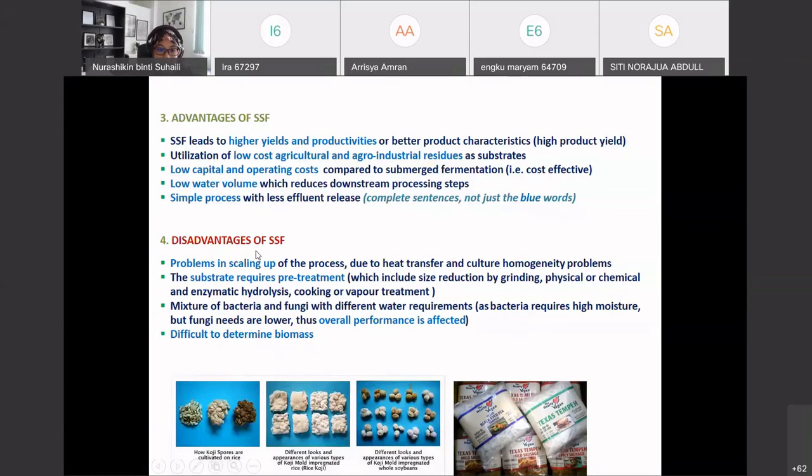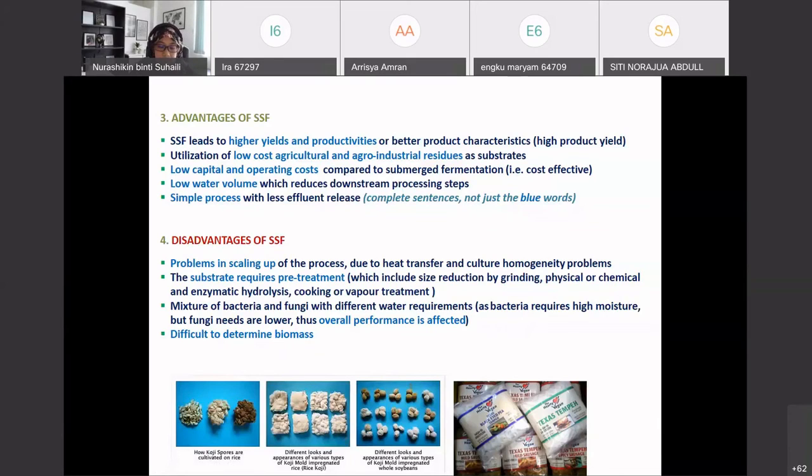The disadvantages of SSF, of course, lie within the process. The solid state process is quite hard, quite difficult. Even though it's possible, it's not as easy as liquid fermentation when it comes to scaling up. Scaling up means that you want to increase the scale of the production.